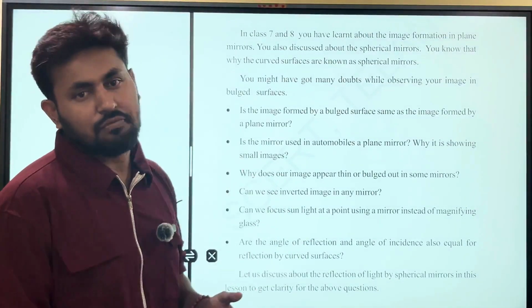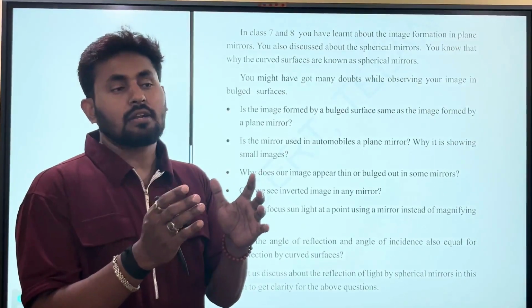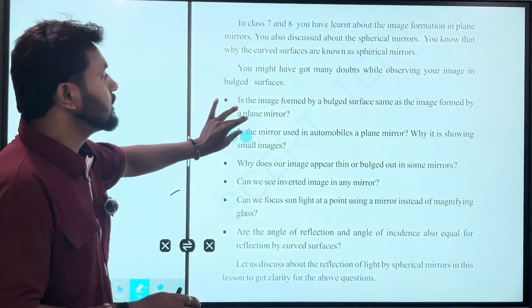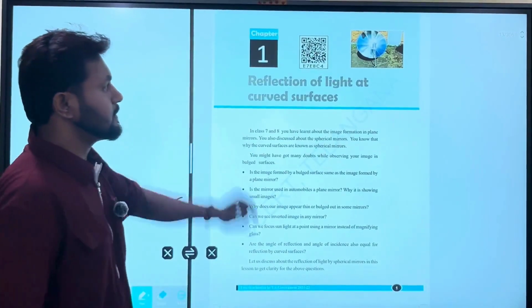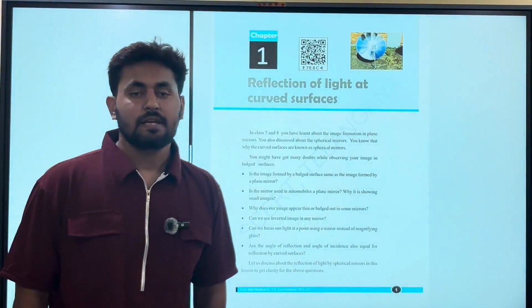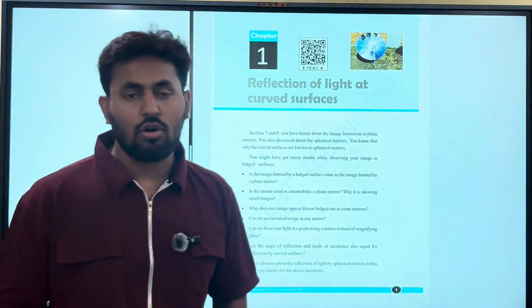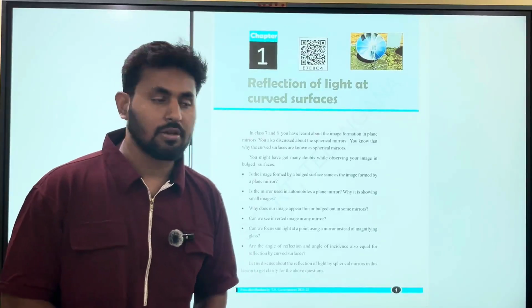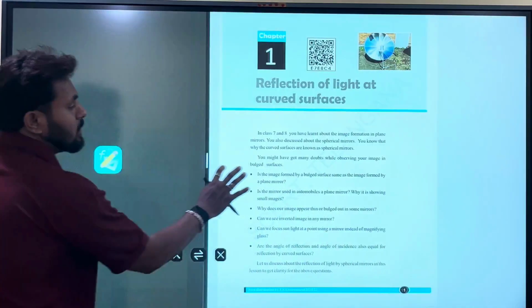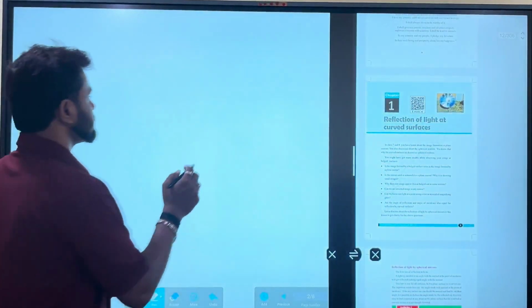I'll revise everything once again for you, with the characteristics of the plane mirror and the characteristics we will get in curved surfaces. So let me start. Let me do the refresher of the plane mirror. We have the laws of reflection in a plane mirror. I'll tell you what the laws of reflection are, so kindly focus here.